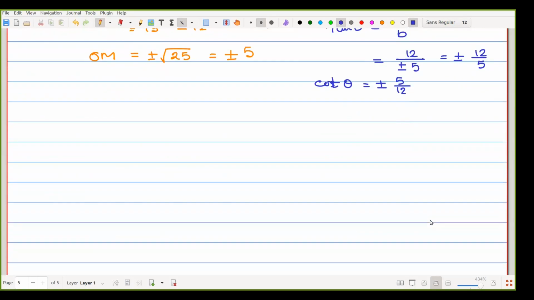Last one problem, the same type. Here the question has been given like that.